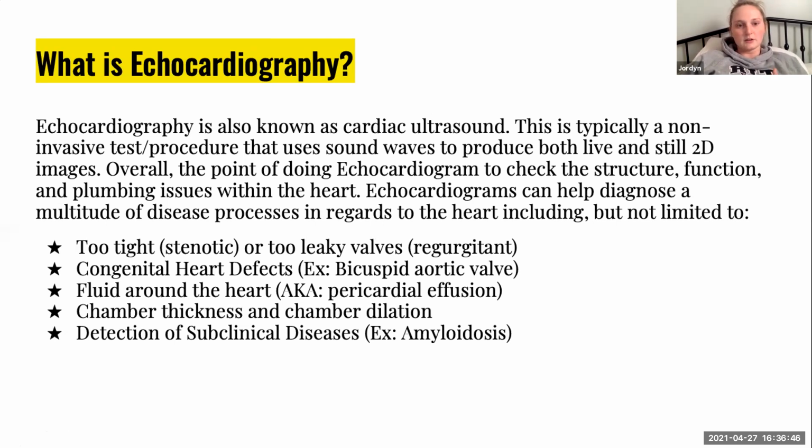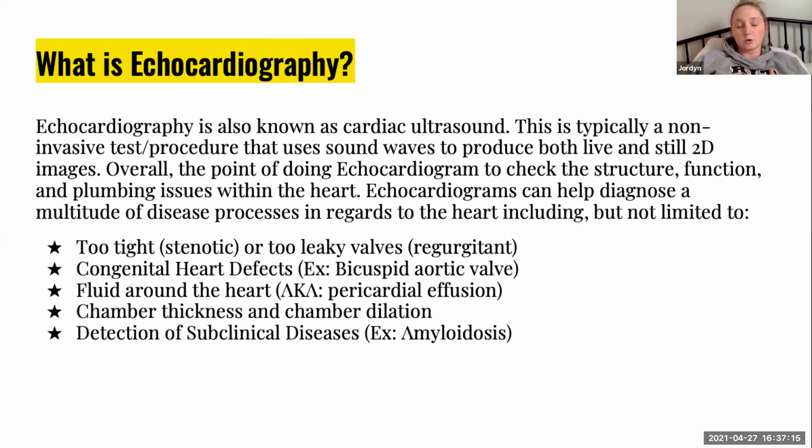We can tell if valves are too tight or too leaky. We can identify congenital heart defects, like if your aortic valve is missing a leaflet, if there's fluid around your heart, if there's fluid in your lungs, chamber thickness and dilation, anything like that. So we check the structural function of your heart.